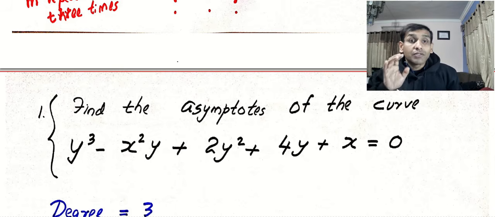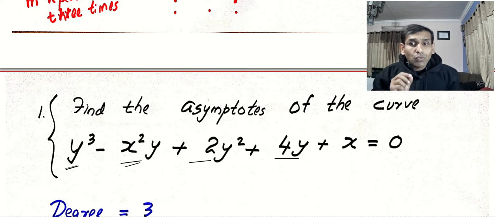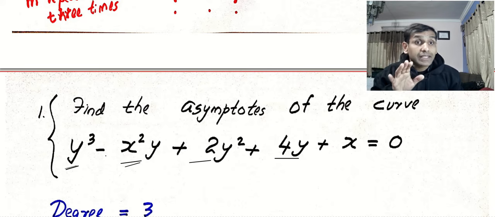The first thing to do is to simplify the equation so that you will be able to see the equation in term by term format. Then you find the degree of each and every term, and when you find the degree, focus only on the variables x and y.